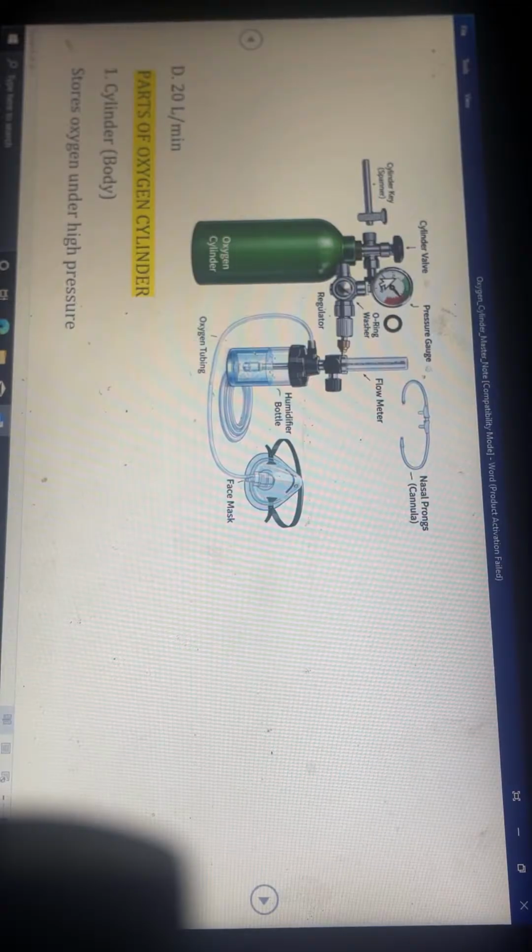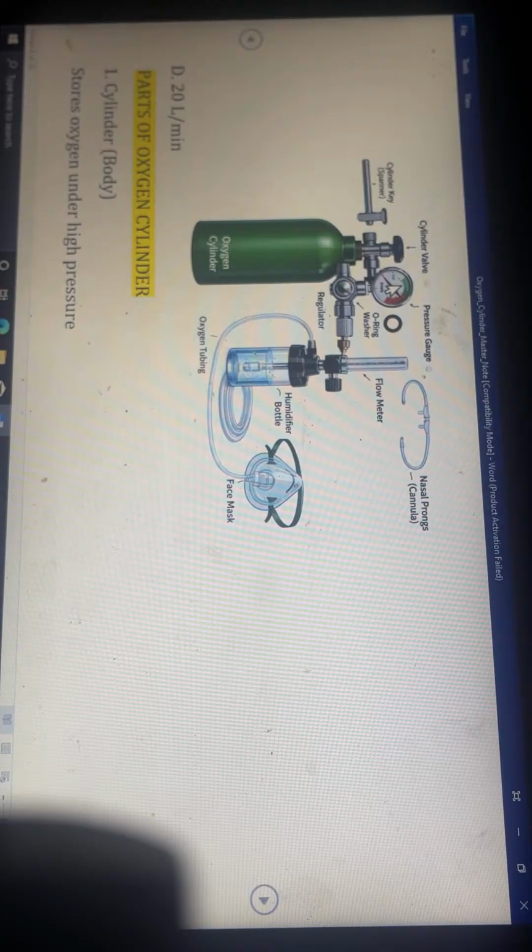That is what we mean by gauge. So whenever you are in the exam and you want to remember this, it looks like a watch. We call it the pressure what? Gauge. It helps to gauge if there is still oxygen inside the cylinder or not.